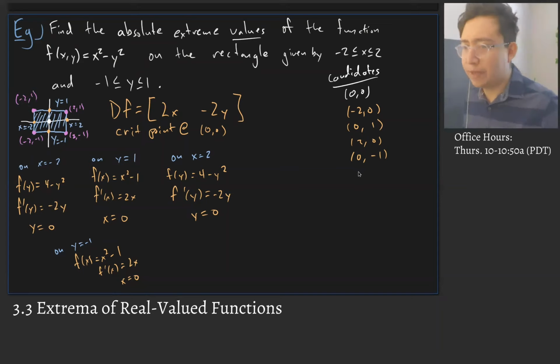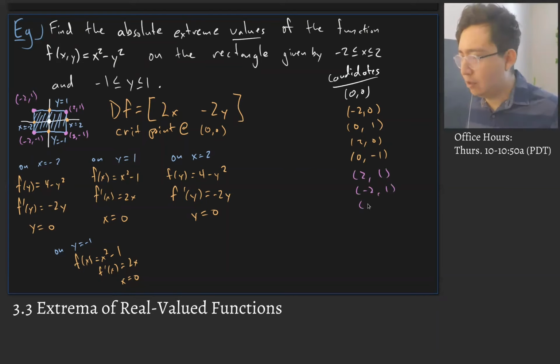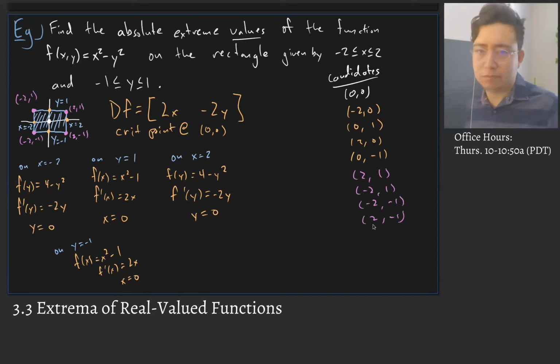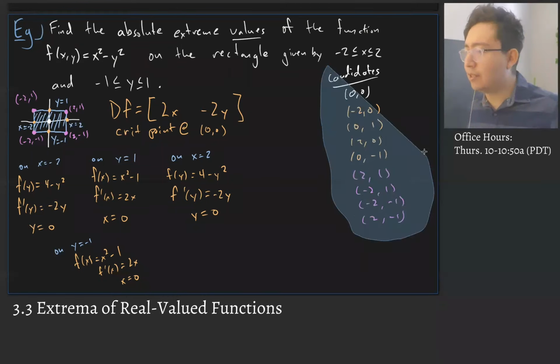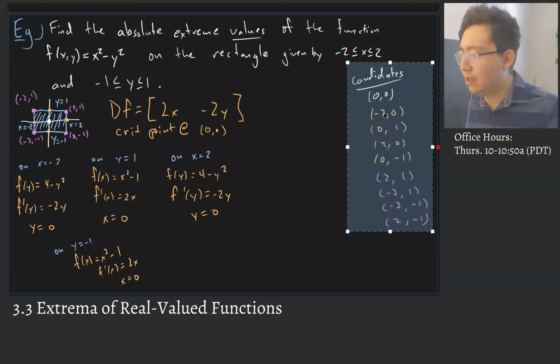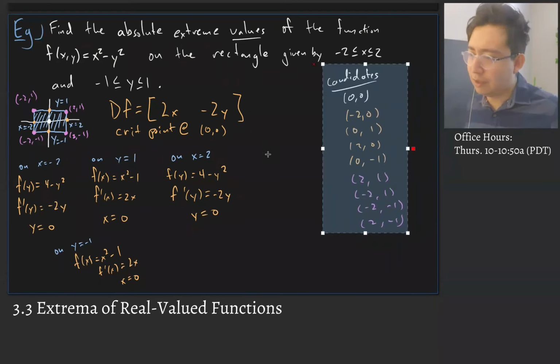And so we'll just write all those here: 2, 1, -2, 1, -2, -1, and 2, -1. Okay. So we have this nice long list of candidates. And so we can just check all of those. I was going to try to fit it in here, but I think it's best if I just do this on a new page.